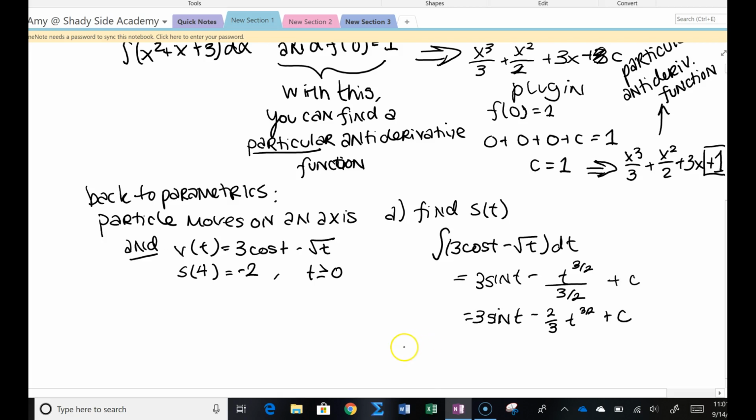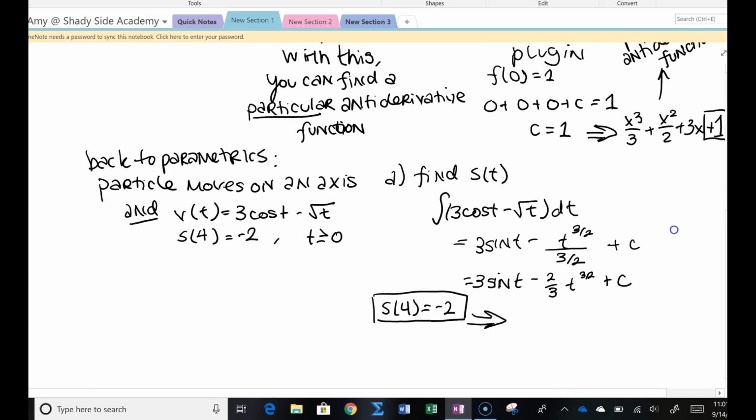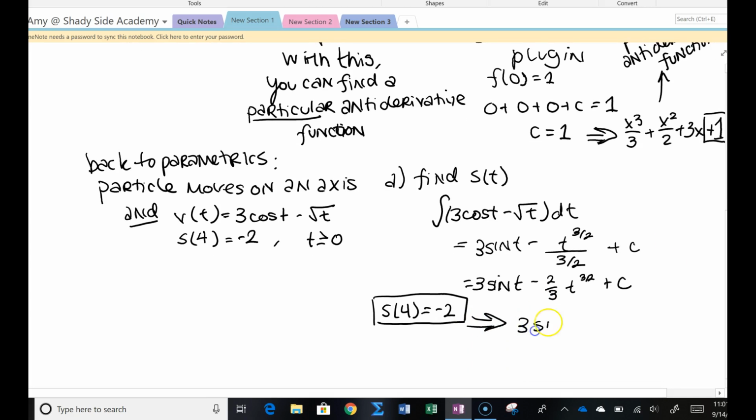So -2 equals 3 sine of 4 minus 2/3 times 4 to the 3 halves plus c. This would be calculator active because of this 3 sine 4. If you have the approximate, I'd love to have it to 3 decimal places. What does your c value equal?